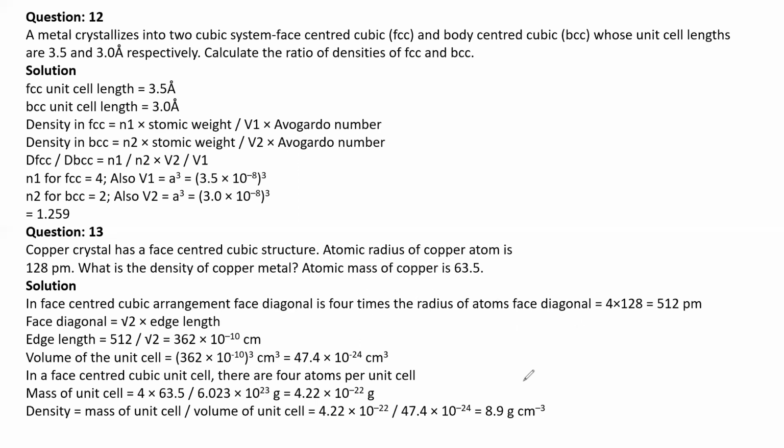Z value already you know, that is 4. M value you know, 63.5. And Avogadro number is 6.023 × 10^23. So you'll get the answer. I hope this is clear. So question number 13 is over. Next question.